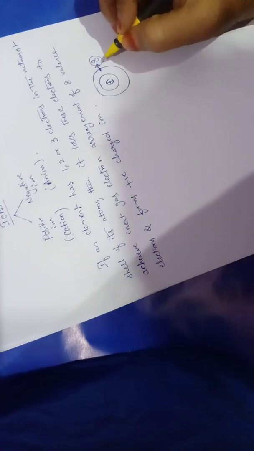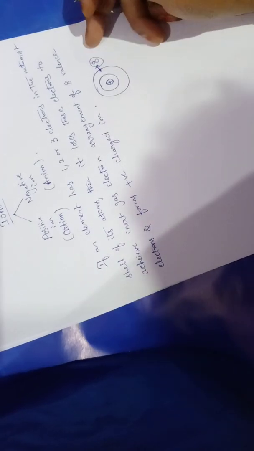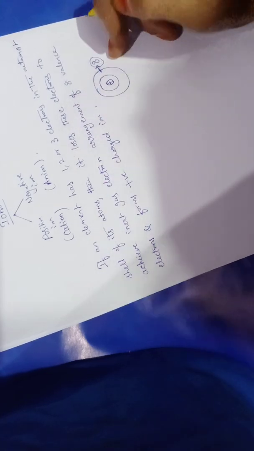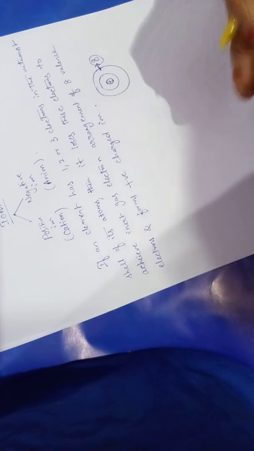Inert gas electron configuration means that if the outermost shell has 8 electrons, that atom will have stability. If they have fewer than 8 electrons or more than 8 electrons, nearest to 8, sometimes they will lose electrons or sometimes they will gain electrons to get stability. To get these 8 electrons, some atoms lose electrons or some atoms gain electrons.